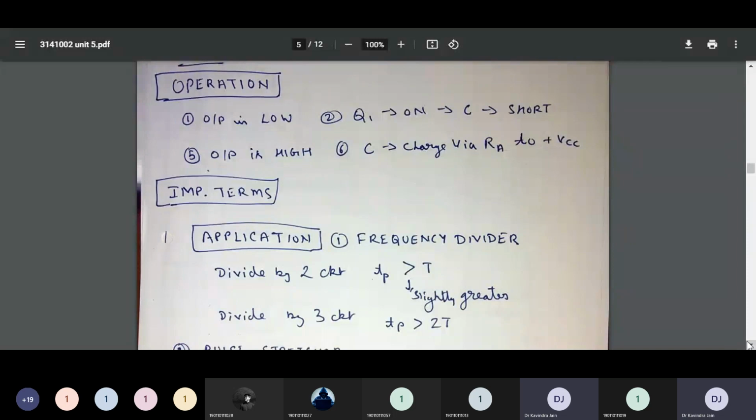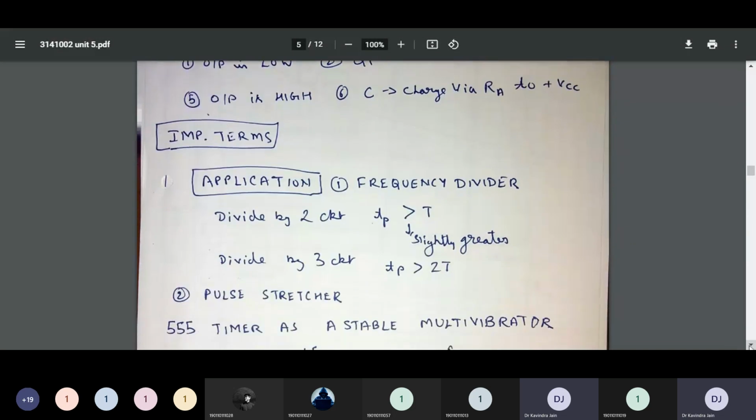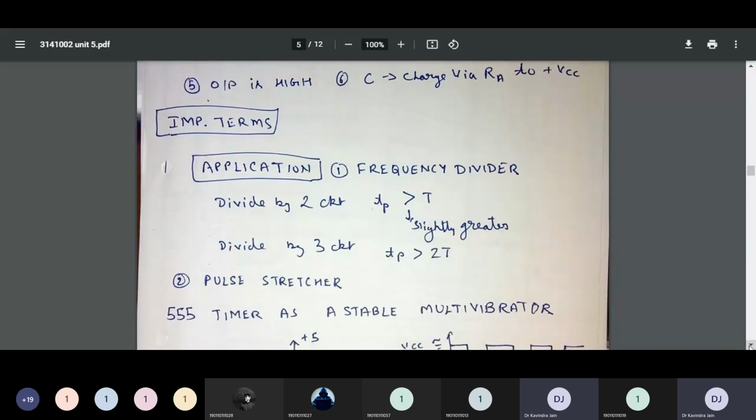Another application is the pulse stretcher. In a pulse stretcher application, the output pulse width must be larger than the negative pulse of the input signal. That is, the output pulse is a stretched version compared to the narrow input pulse.